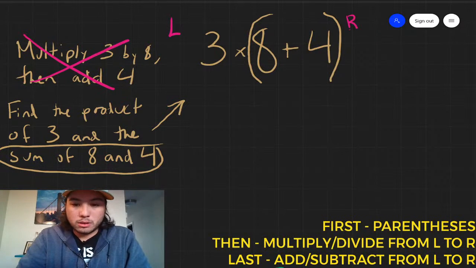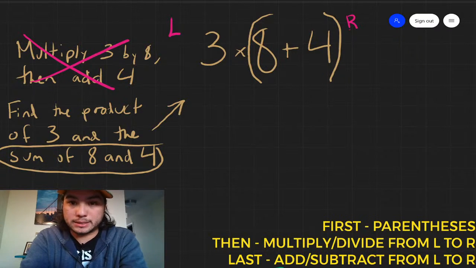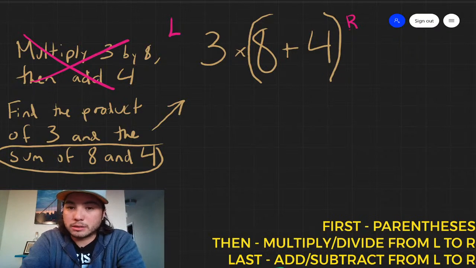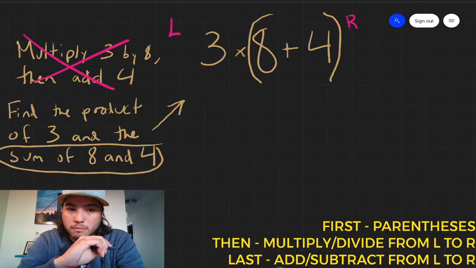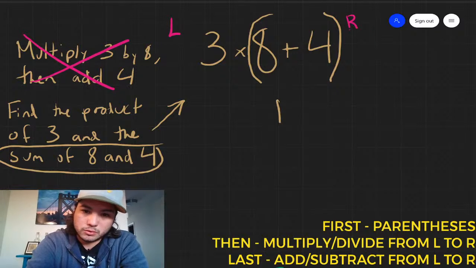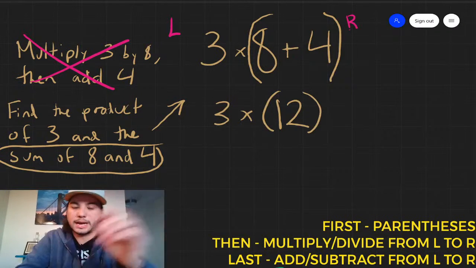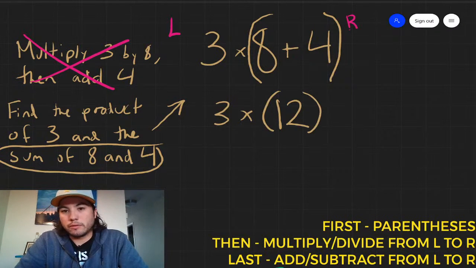So now let's evaluate and simplify this expression with the parentheses. So rather than doing 3 times 8 first, we're going to deal with what's inside the parentheses, which in this case is 8 plus 4. And what's 8 plus 4? 8 plus 4 equals, exactly, 12. So now we have what is essentially 3 times 12.